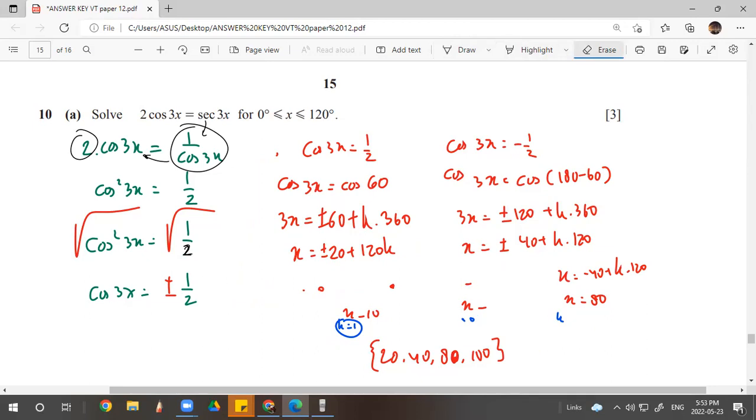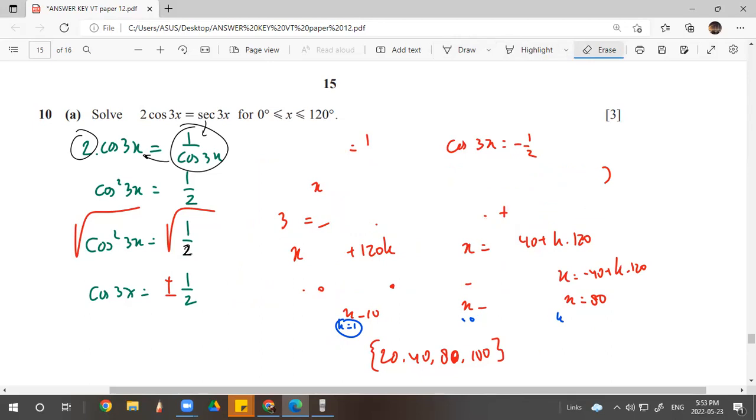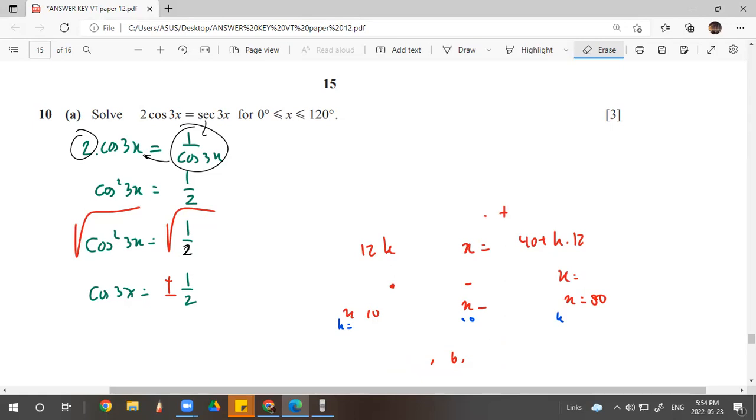Let's finish this. Wait. Okay, the eraser tool is very, very annoying. I cannot erase fast. Sorry, it took a while.